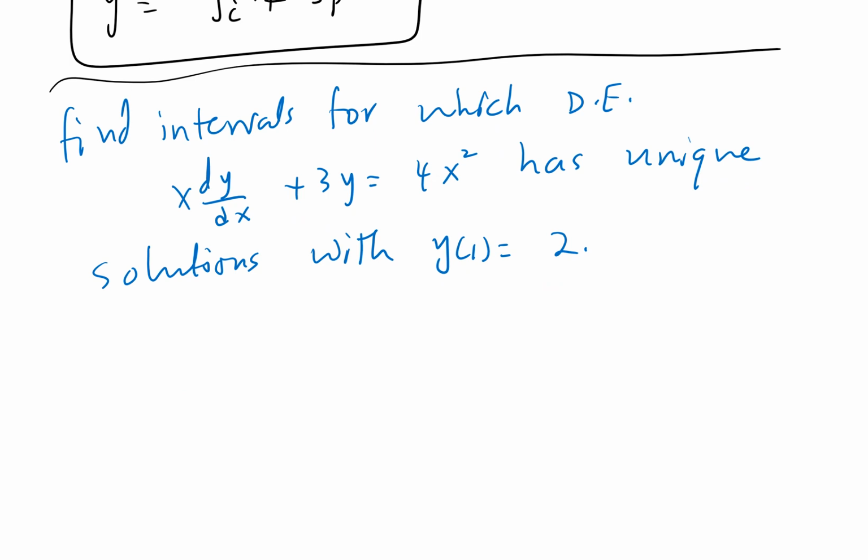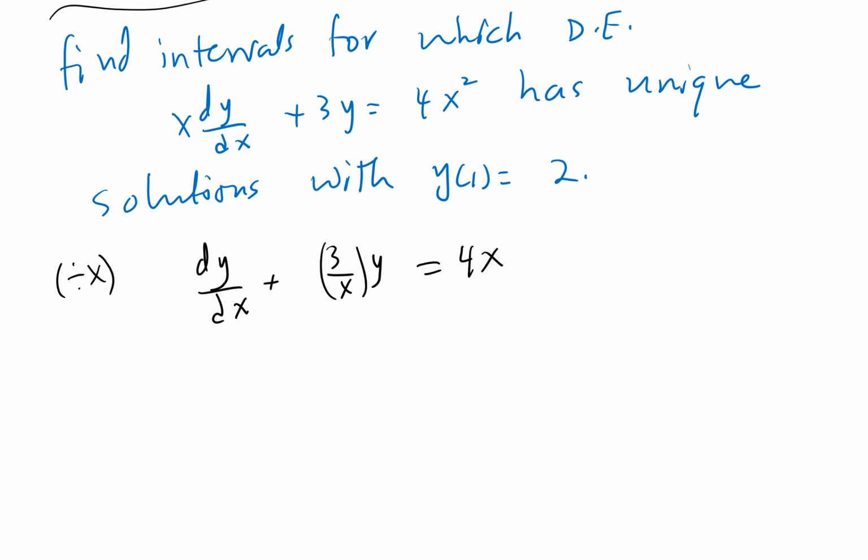Well, we first take the equation, divide everything by x, and rewrite it: dy dx plus 3 over x y equals 4x. So here p of x is 3 over x. We have either q of x or f of x, and it's 4x.